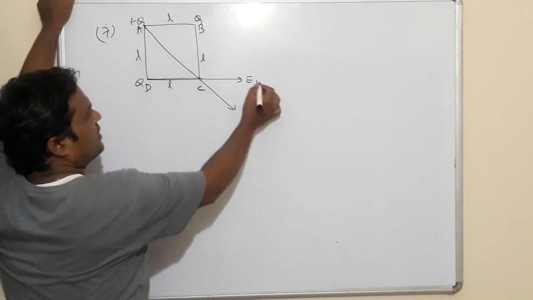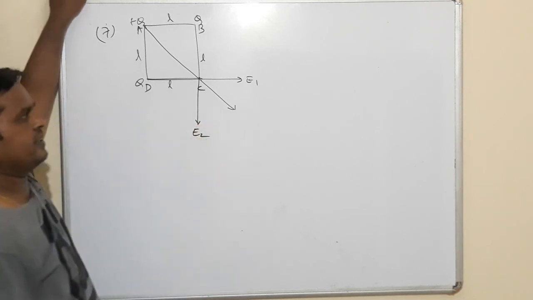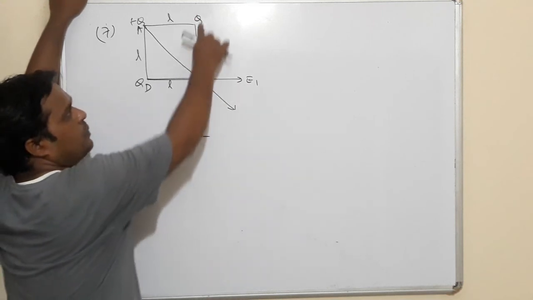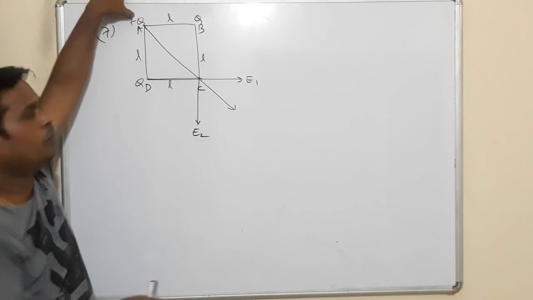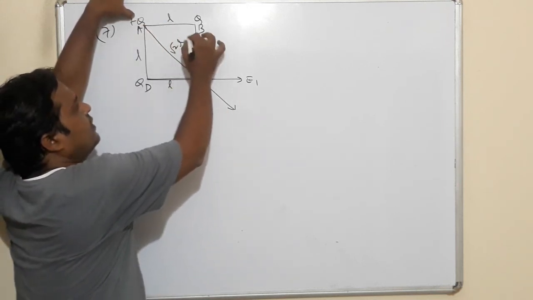The electric field due to this charge is E1, due to this charge is E2. E1 and E2 will be equal in magnitude because the charge is Q, and the distance is L. But for this charge, the distance is not L here. Distance is more than L. What is this? Root 2L.